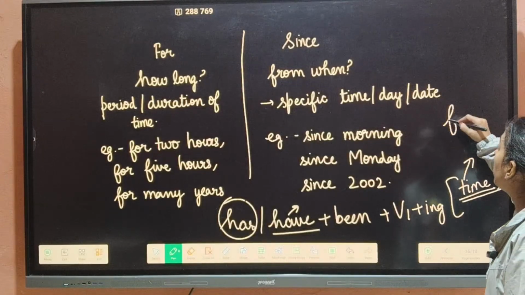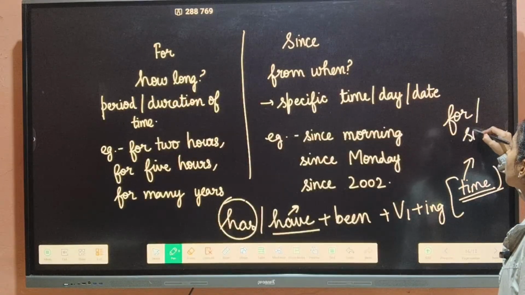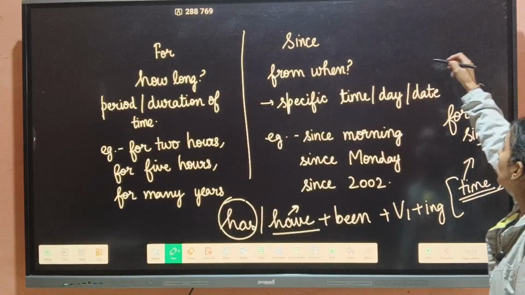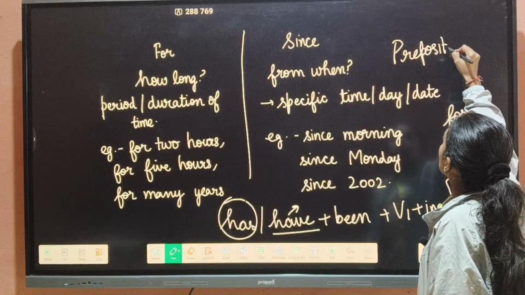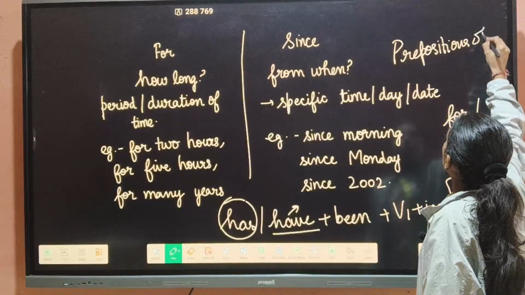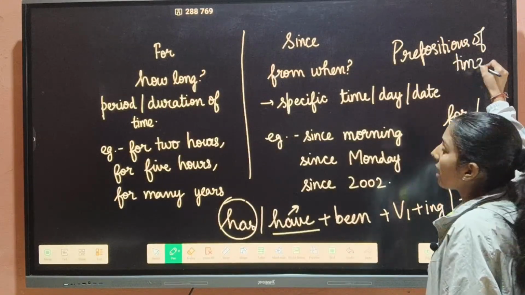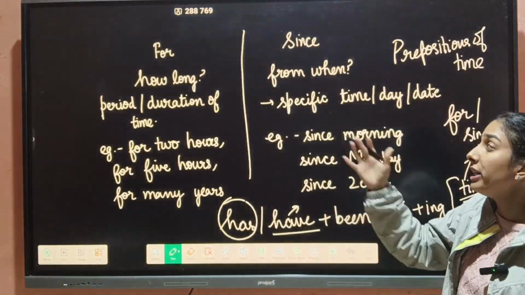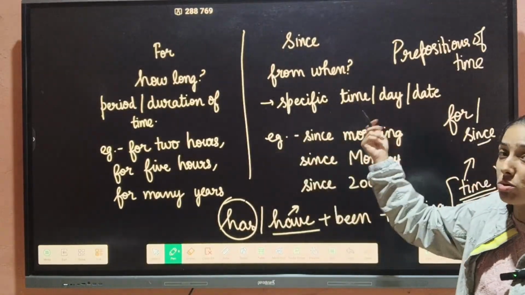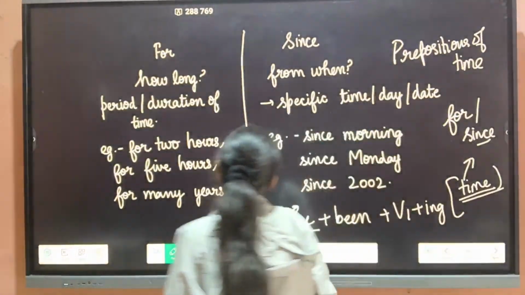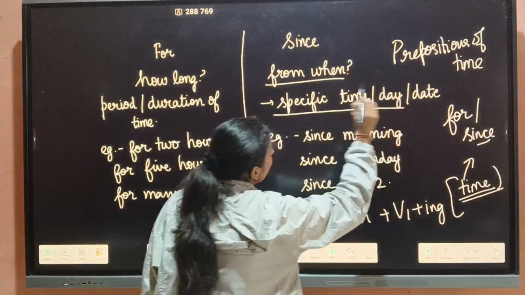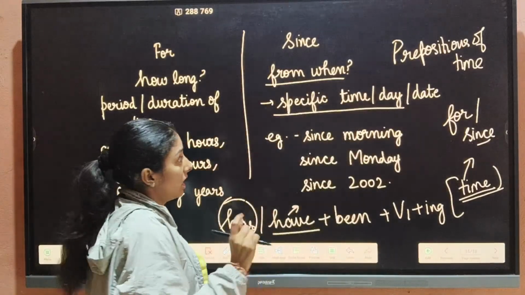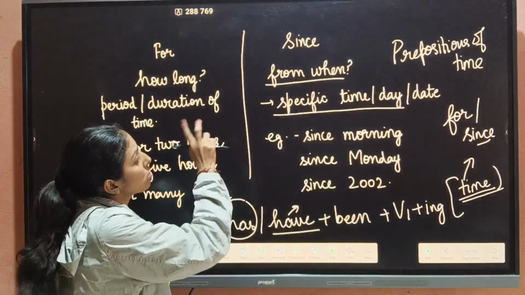For time, we will use for or since. These are prepositions of time. Since and for. Now, when to use for? When to use since. Whenever we are asking from when anything started, specific time, date it is given, then we will use since.